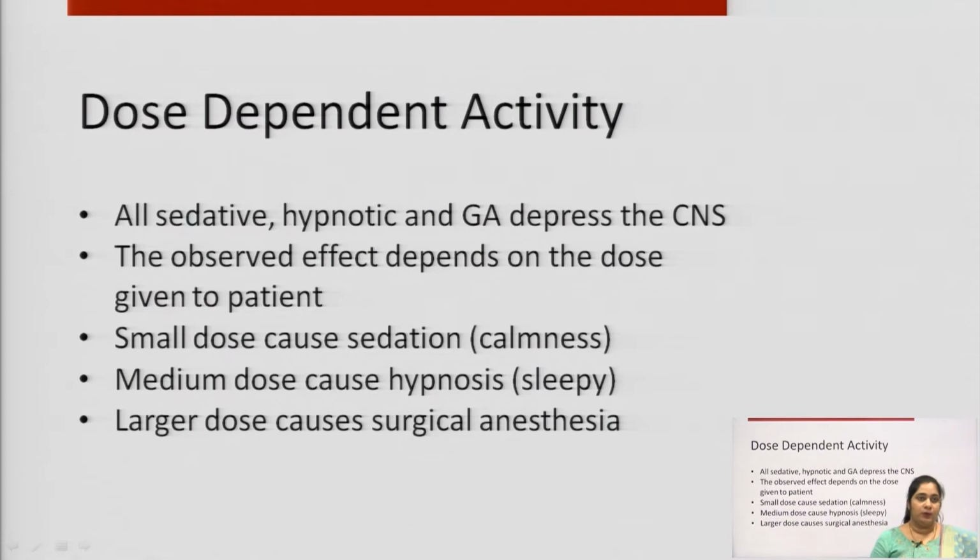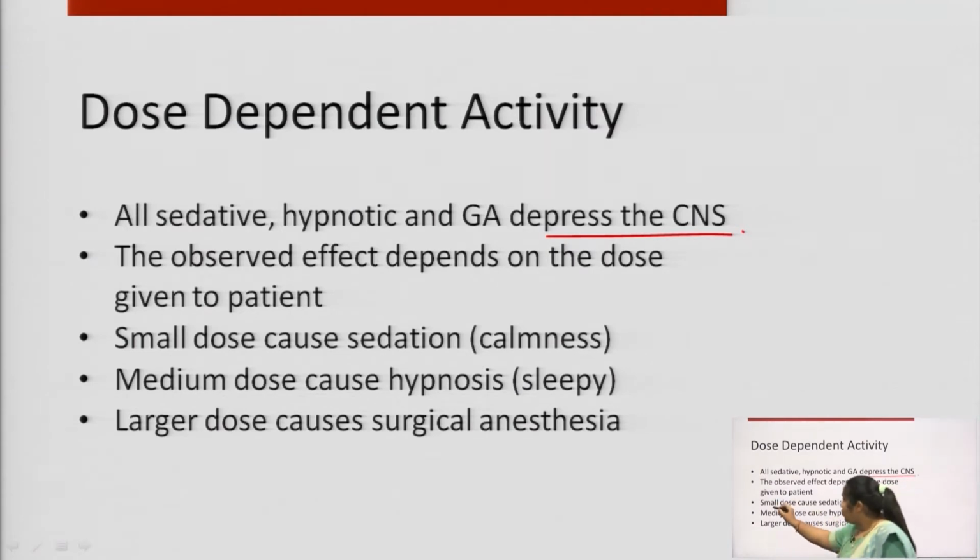Sedative and hypnotic activity is dose dependent. All sedatives, hypnotics and general anesthetics depress the central nervous system, decrease its activity and moderate the excitement. The observed effect of these drugs depends on dose.